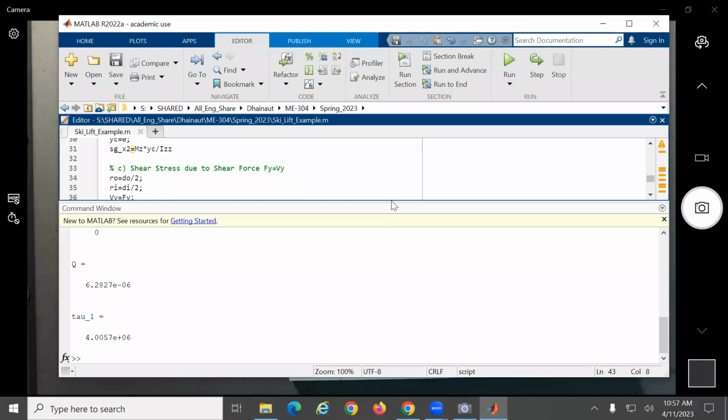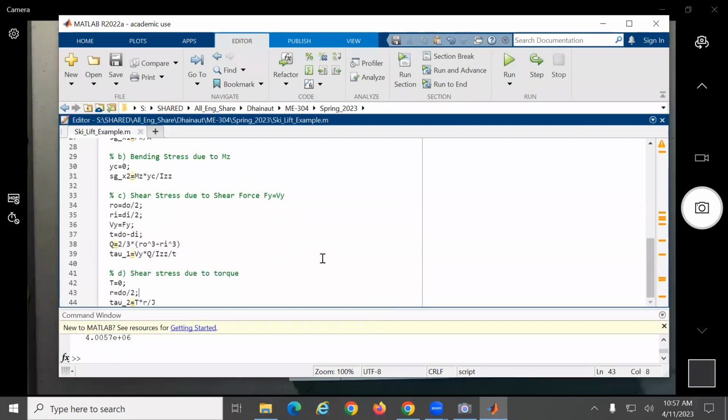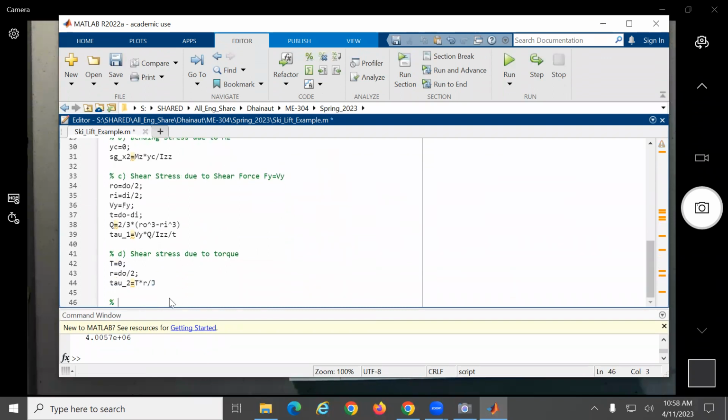Since I'm doing this with the forces, and finally I will do here. I mean, you see that I use MATLAB, okay?